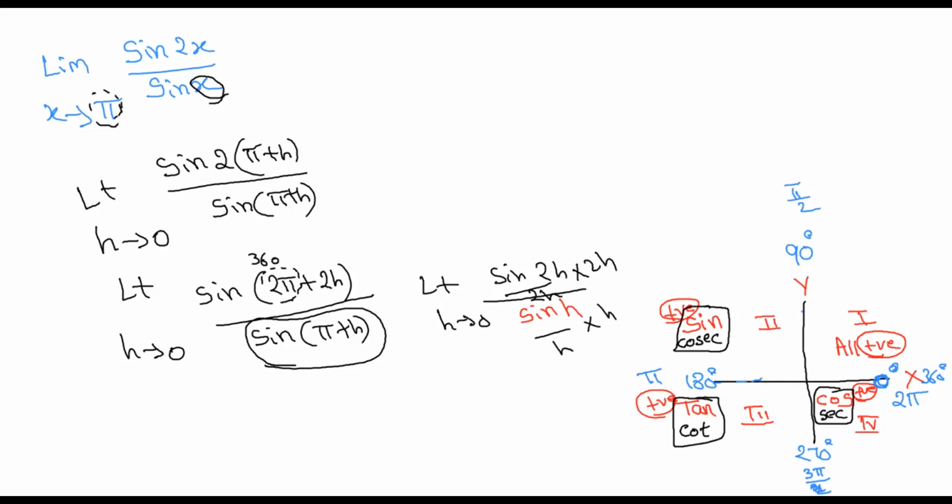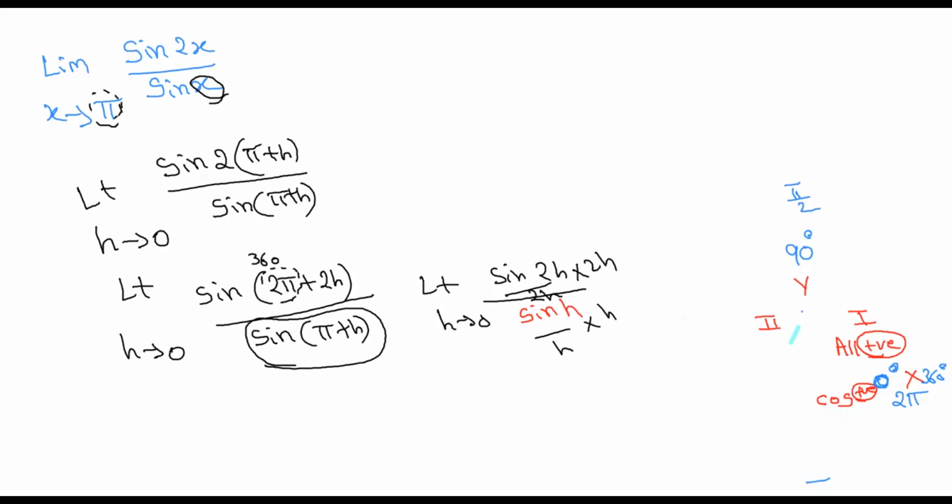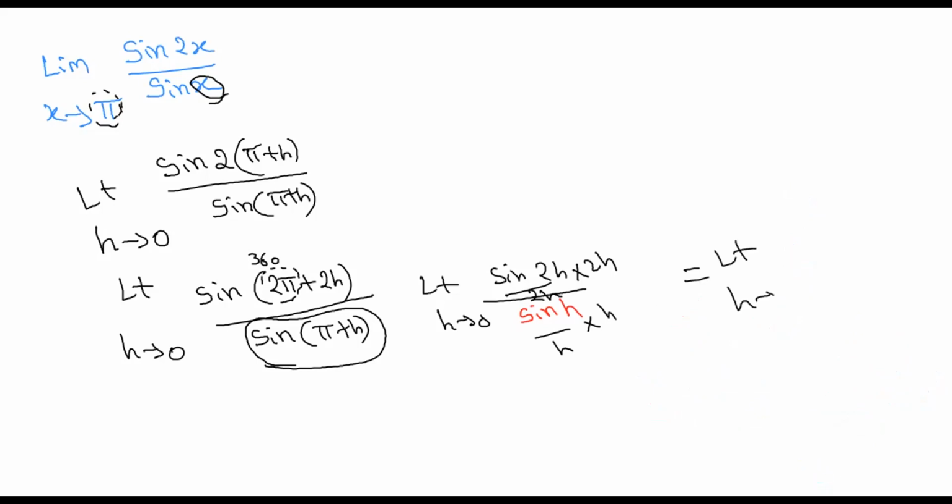Directly we can use this one, instead of expanding sine 2 theta. Then as h tends to 0, this is 1, this is 1, this gets cancelled, so it's 2. So the answer is 2.